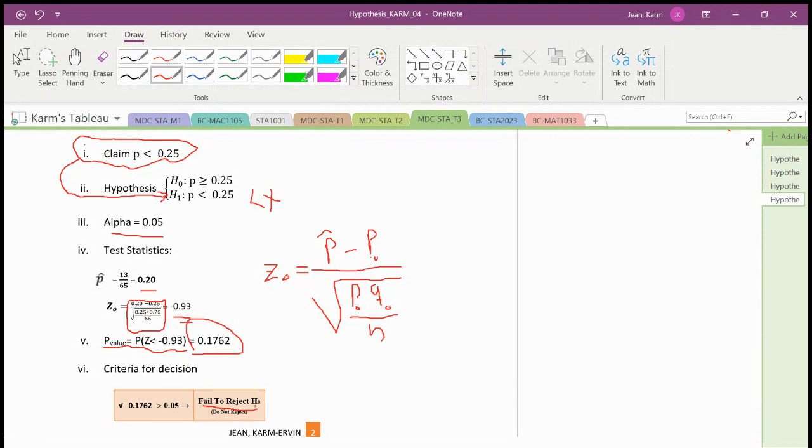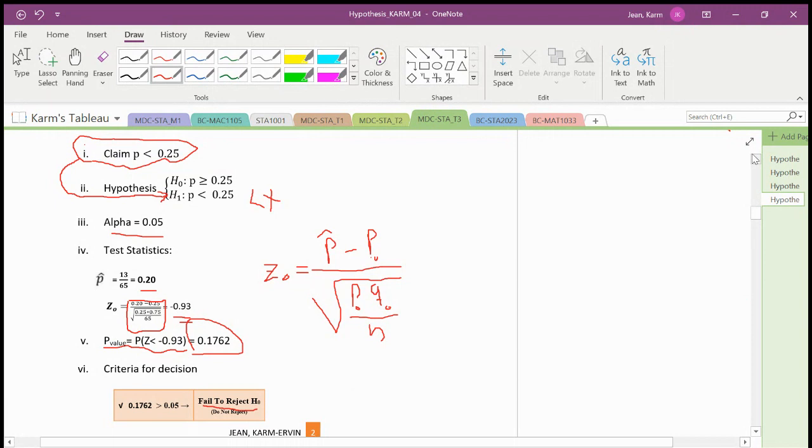So that means if you fail to reject H0, we have evidence for H0. I'm not sure if you guys are following me. Okay, we don't have enough evidence to support the claim. Thank you.